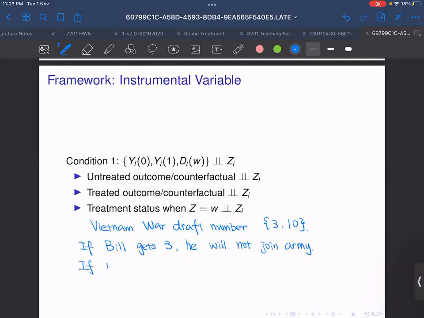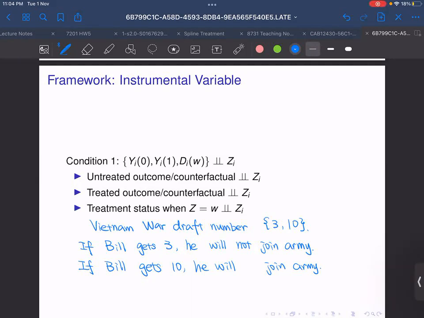If Bill gets 10, he will join the army. Then these two facts can never be changed by which number I actually get.